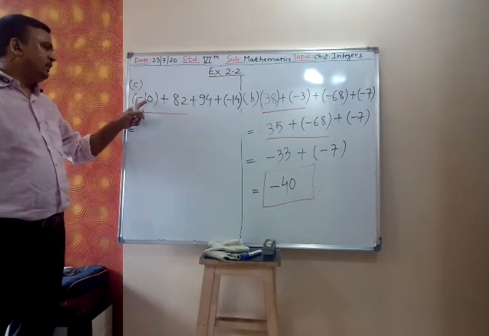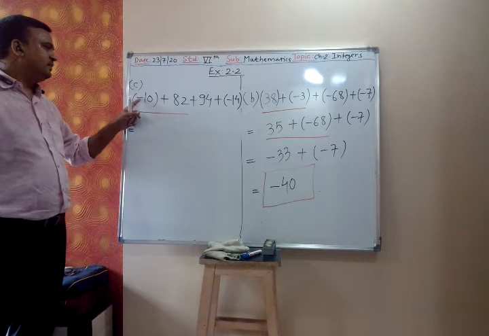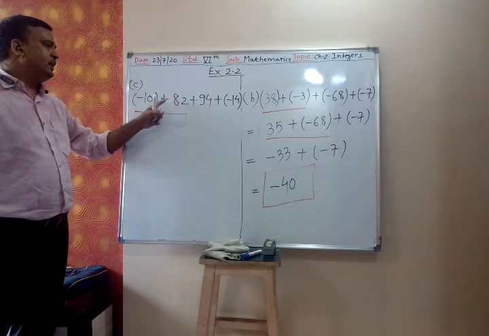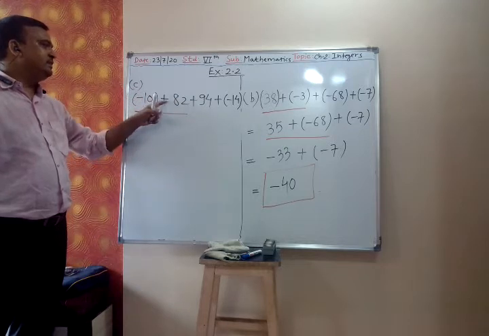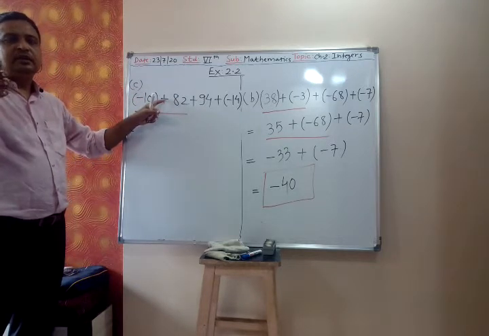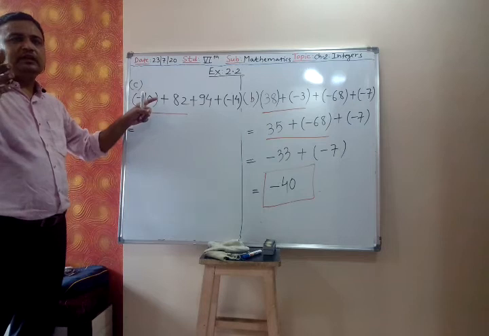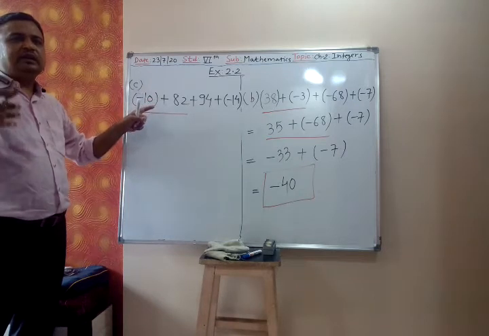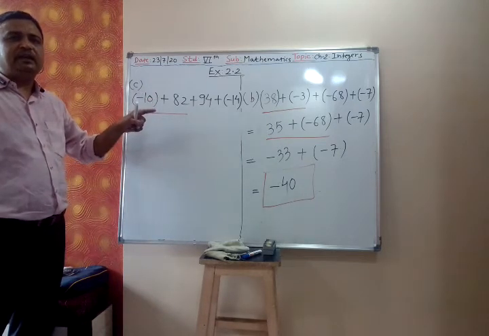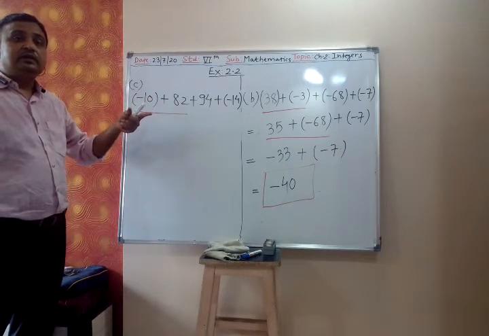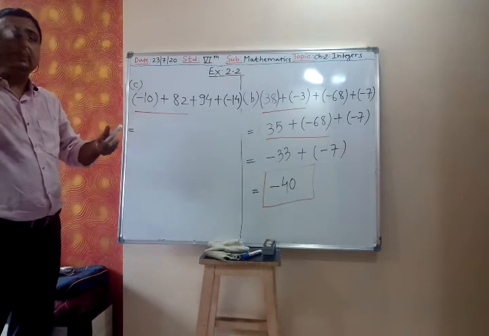What is sign of 10? Minus. What is sign of 82? Plus. Minus and plus, they are opposite sign. So whenever there is opposite sign, you have to subtract the numbers, bigger number minus smaller number and take the sign of bigger number.